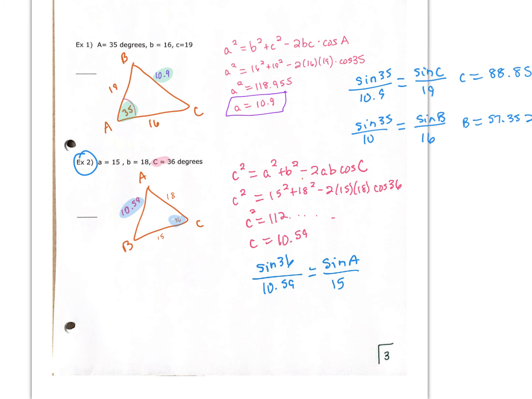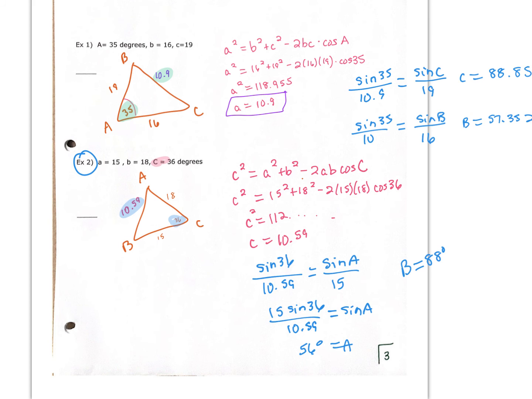Cross multiply. Sine A, you've got to do inverse sine of all of that long decimal to get what your angle measure is. So you get that A is 56 degrees. And then if you use Reed's idea of just subtracting from 180, you get that angle B should be 88 degrees.